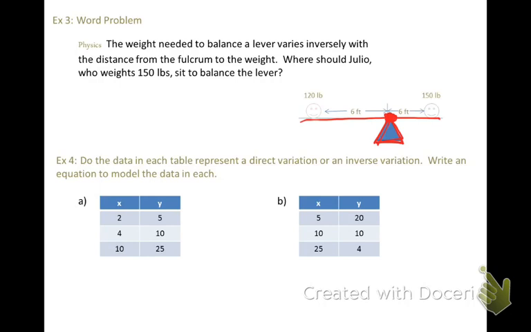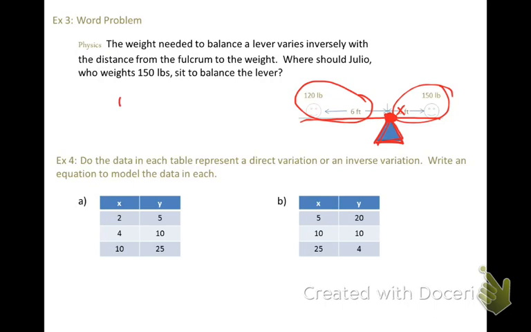Where should Julio, who weighs 150 pounds, sit? This one I don't know the answer to, so I'm going to make that X. His friend, who is 120 pounds, is 6 feet away from the fulcrum. How far does Julio have to be? So this is your X and Y's on one side and your X and Y's on the other.